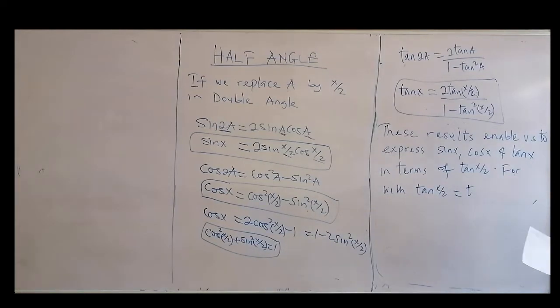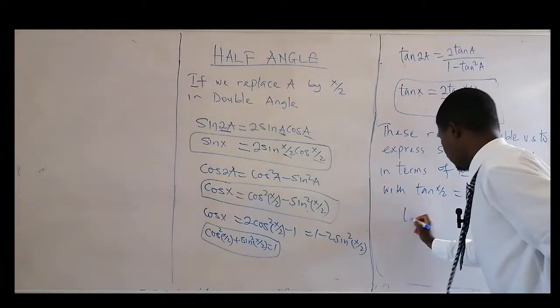So what we want to do now is express sin x, cos x, and tan x in terms of tan x over 2. And we are making substitution for tan x over 2 as t. So let's see how it goes.